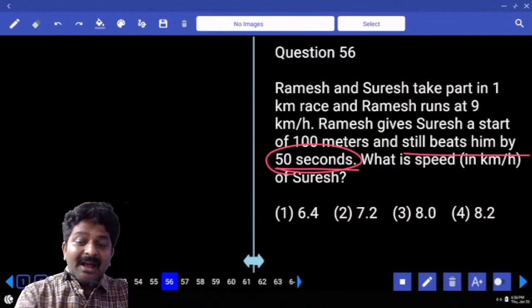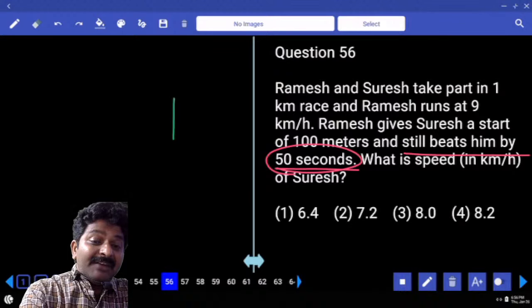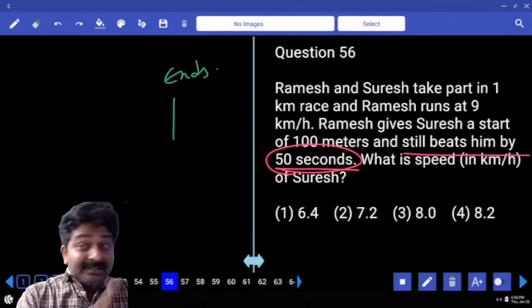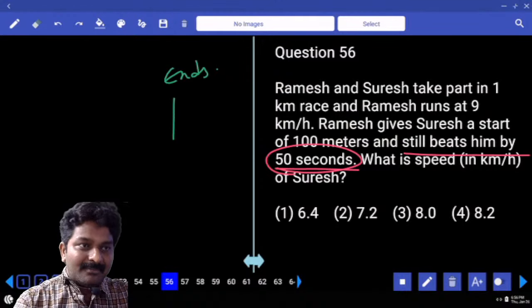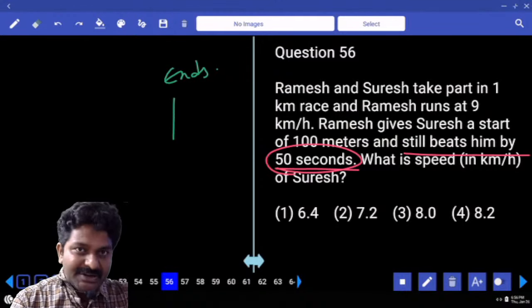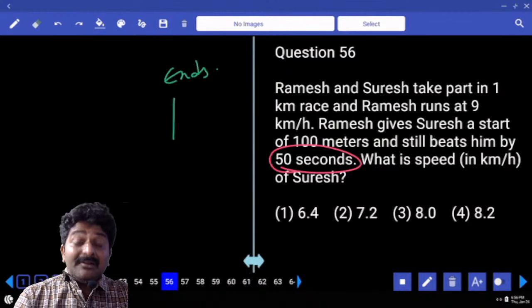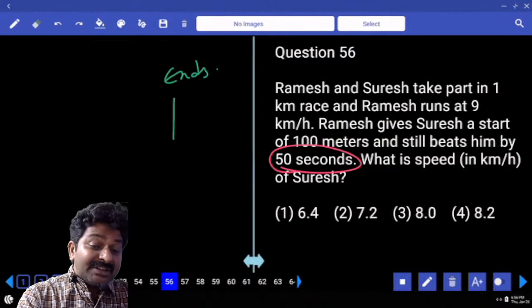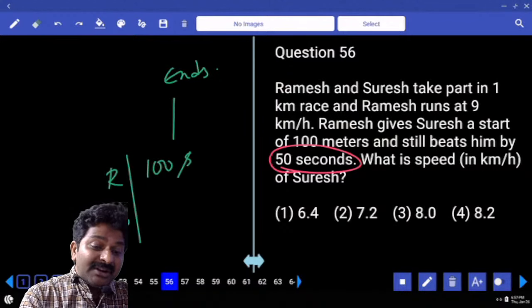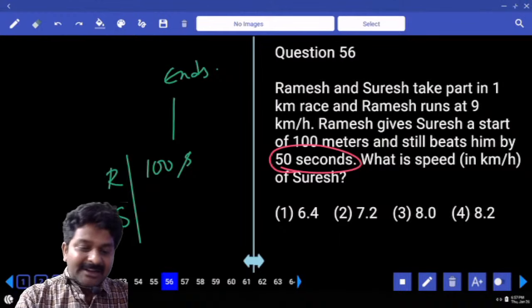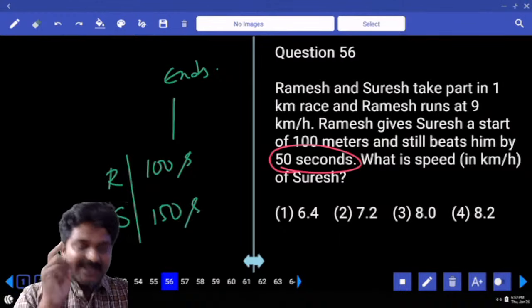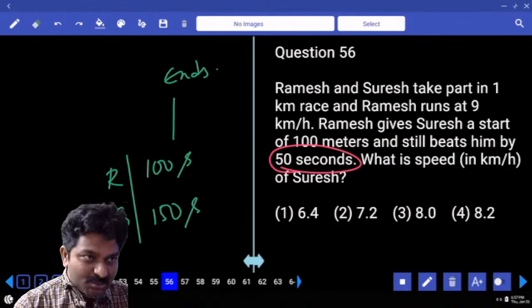That means once Ramesh reaches the end point, then Suresh will come. Then only Ramesh will beat Suresh. And he beats him by how many seconds? For example, if Ramesh reaches in 100 seconds, Suresh will reach 50 seconds later, that is 150 seconds. This is what it means.